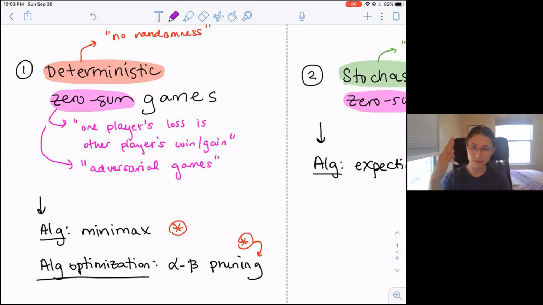These game trees will let us encode all possible sequences of actions that each player can take, as well as the ultimate utility that the agents will get at the very end of playing these sequences of actions.